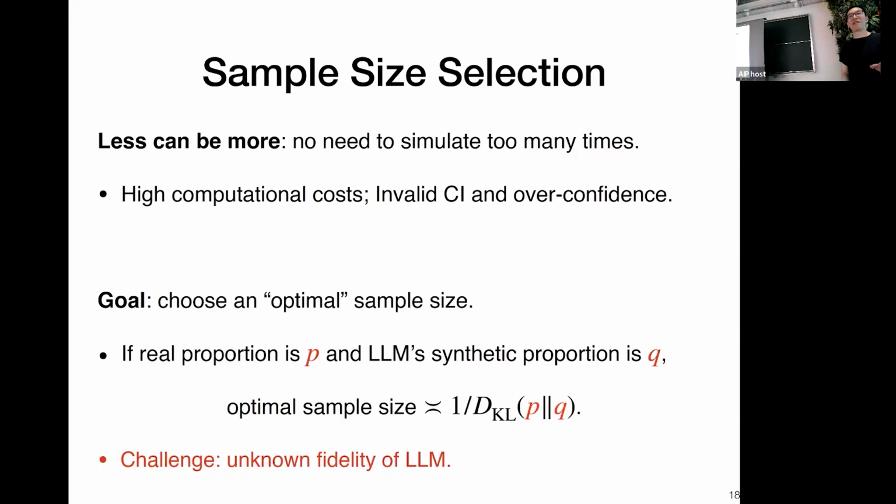You want to estimate P, or get some insight about P, and you're not targeting Q. Great question. Your goal is to estimate the real proportion P. You're not interested in Q. So if you have some estimate of Q, but with a wide error bar that can cover P, then that's good.